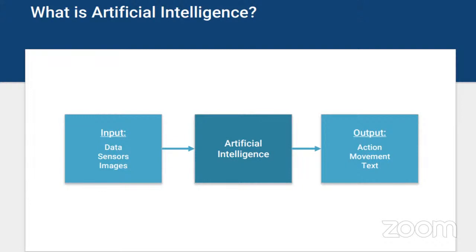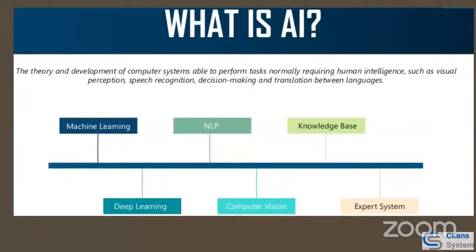So AI is taking the input and then producing the output. Internally to AI, what are the different relevant terms, like machine learning that we talked about before. Deep learning deals with images and text. NLP is one of the disciplines of deep learning. NLP stands for natural language processing.